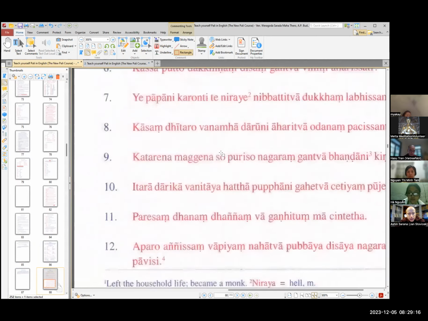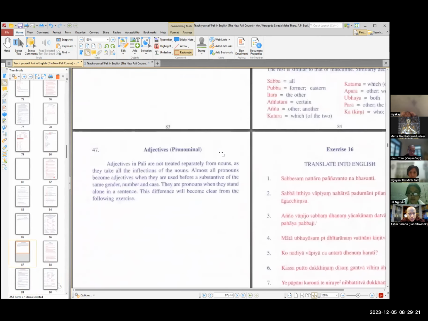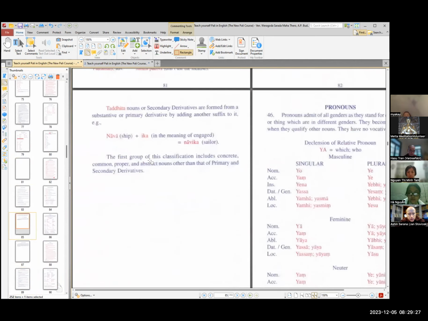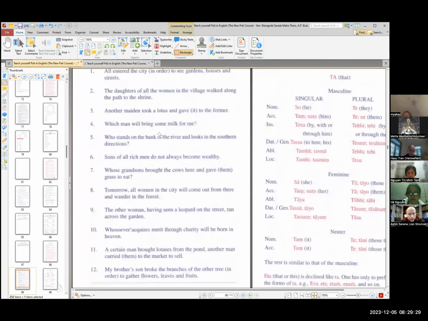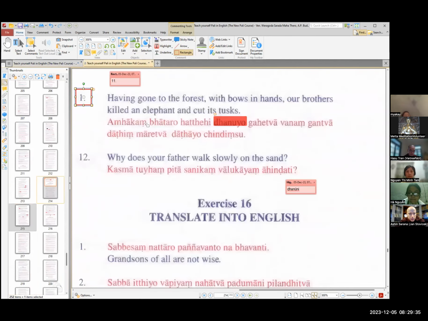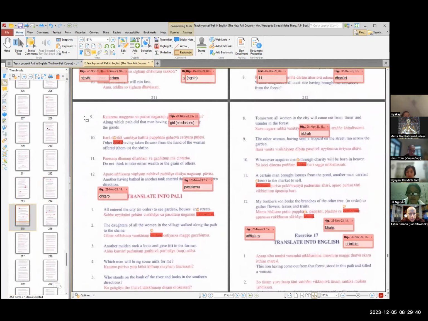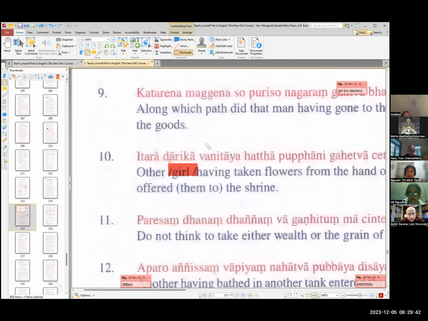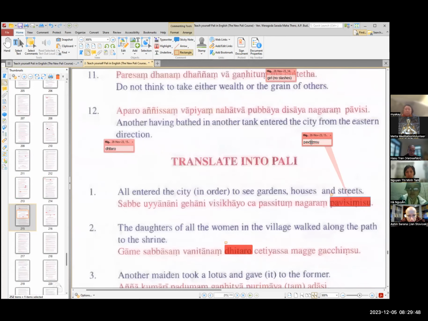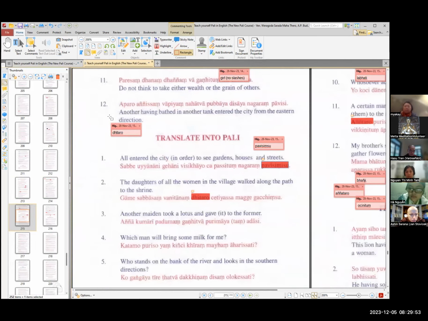And then in the exercise, I don't see there anything wrong. That's probably because in the previous one I did. I thought I saw a lot of things here. Okay, even better. How about the solutions? I see, yes. So in the solutions, I have seen quite a few things. So these are some spelling things. Pavisingisu should be pavisimsu.